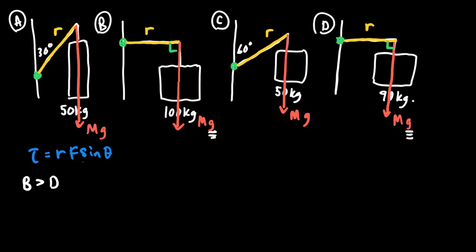And so it should make some sense that if the force is applied perpendicular to the rod, then we get a bigger torque. And when the force is applied more and more parallel, then we get smaller torques. And so in case A, we have the same mass, the same length rod, but a different angle.